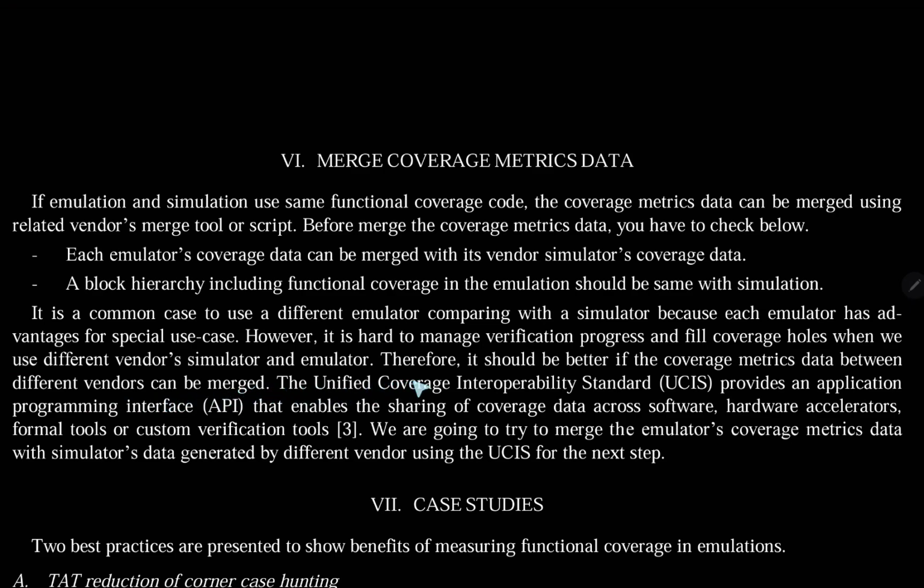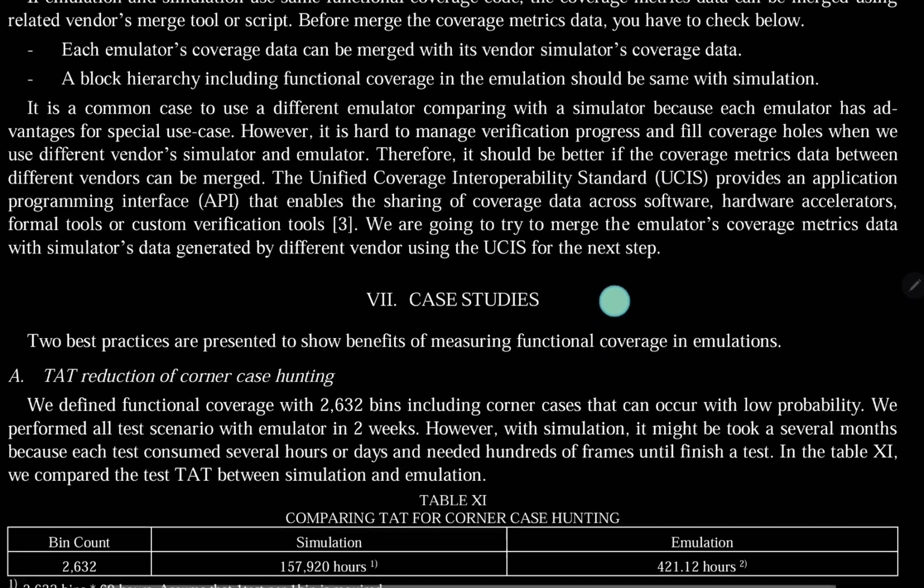The Unified Coverage Interoperability Standard, UCIS, provides an application programming interface, API, that enables the sharing of coverage data across software, hardware, accelerators, formal tools, or custom verification tools. We are going to try to merge the emulator's coverage metric data with the simulator's data generated by different vendors using UCIS as the next step.